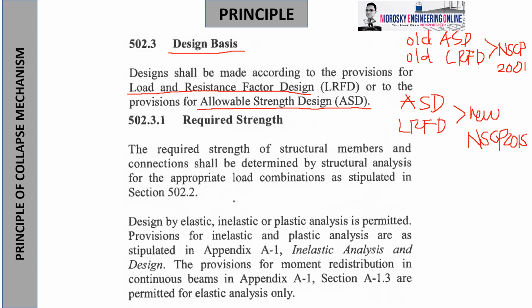And clearly stated in 502.3.1 in the required strength, no? Chapter 5 ito ng ating NECP. The required strength of structure members and connections shall be determined. Okay, this first paragraph just only declares that connection is very important in designing. So, what does this phrase all about? Usually kasi whenever we design structural steel, beam, column, web members, you know what, whenever we design steel, structural steel, it is very important to make sure that it was taken care of yung ating connections.